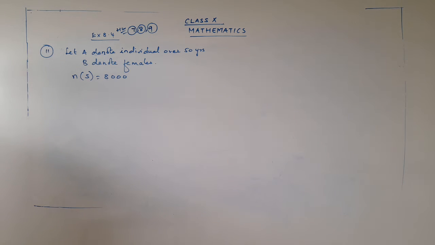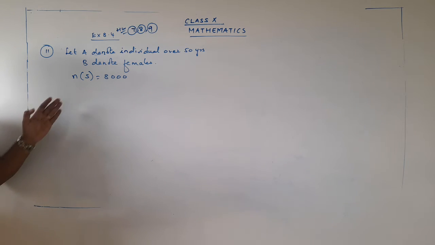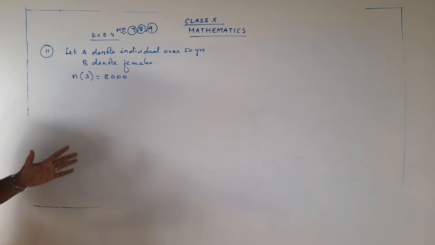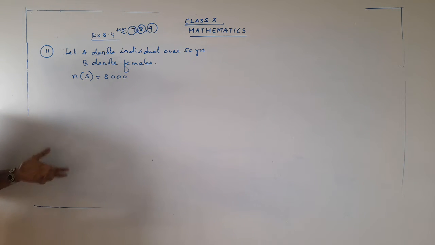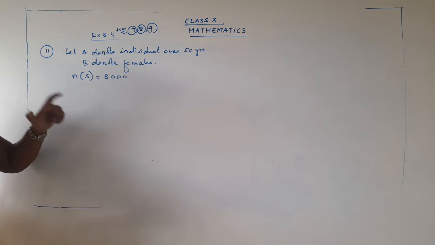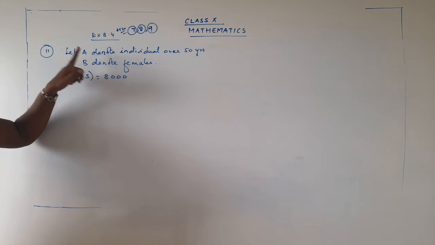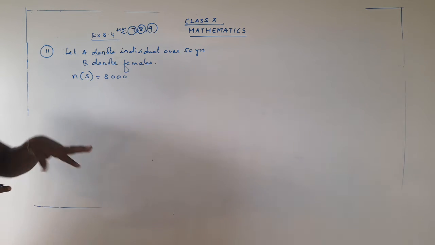Okay, done. I have found what is the total sample. The total population of that particular town is 8,000. So N of S is equal to 8,000. 1,300 are over 50 years. That is A. So N of A is how much? 1,300.